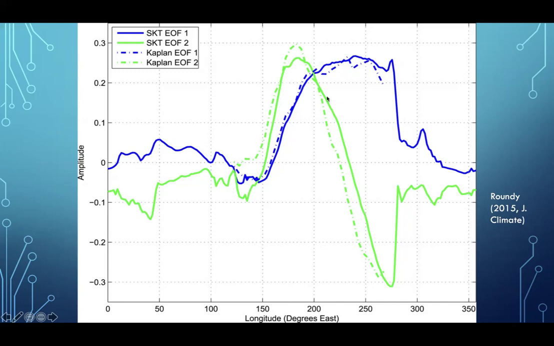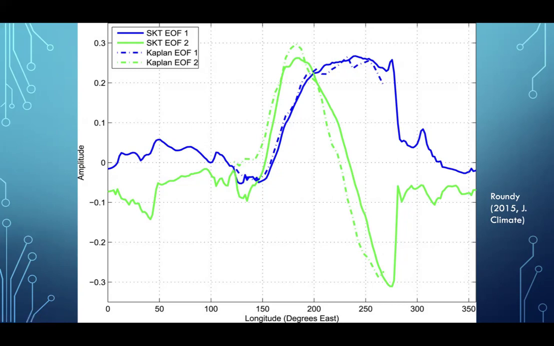And this green is the second EOF, which represents one fifth or one sixth of the variance of the first one. And it's the Central Pacific El Nino mode, which on its own is associated with warm in the Central Pacific or cold in the Central Pacific, because you can just flip these, and the opposite in the East Pacific.